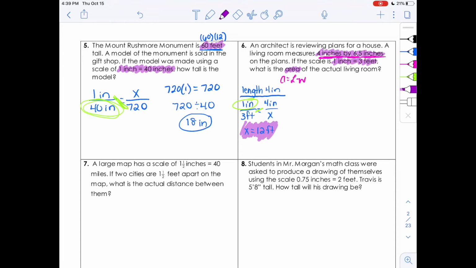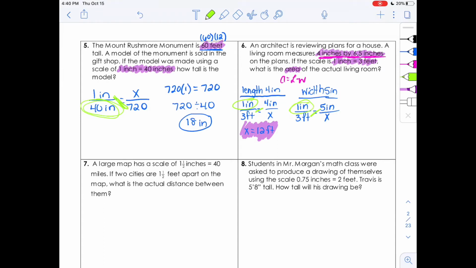Next, let's find our width. So the width in the drawing is 5 inches. So using that same scale, 1 inch to 3 feet, and then we know it's 5 inches on the drawing, and we're trying to find how much in actual life. So then again, once it's set up properly, we can cross multiply and divide.